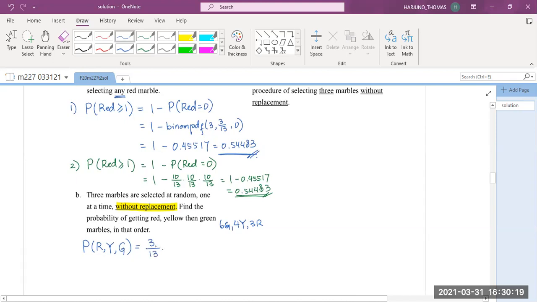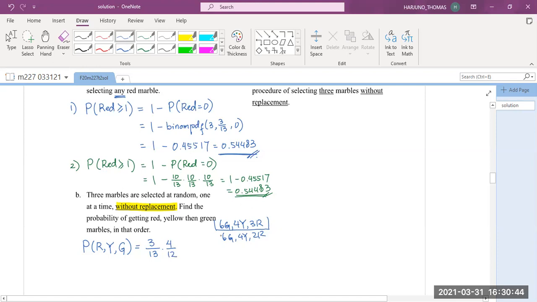Now, once you take one red out, because it is without replacement, there will be 6 green, 4 yellow, 2 red. Now what is the probability the second ball is yellow? That's 4 out of 12, because you took one red marble earlier.